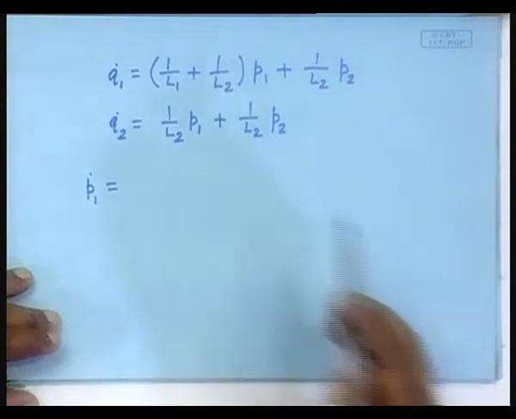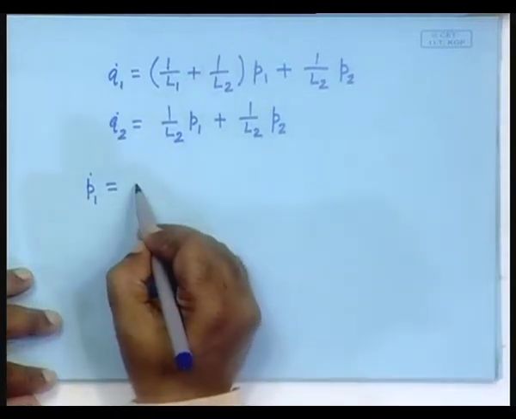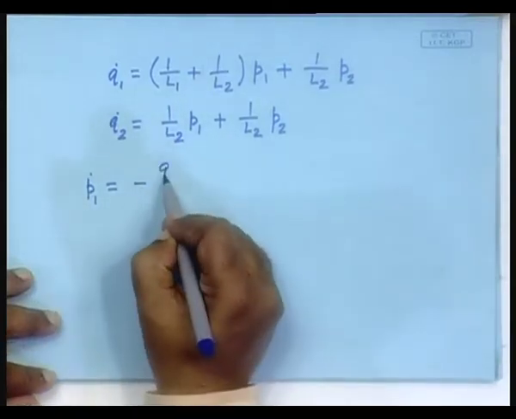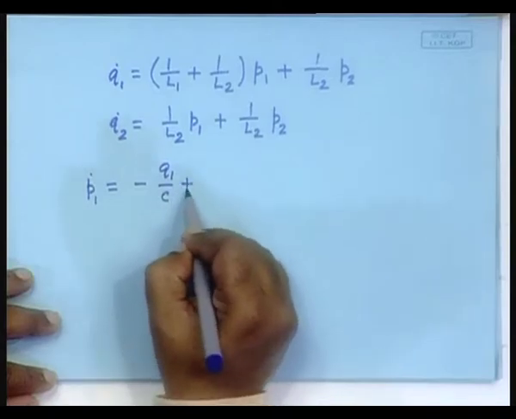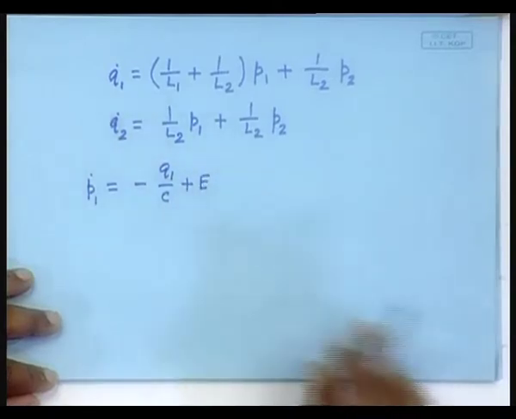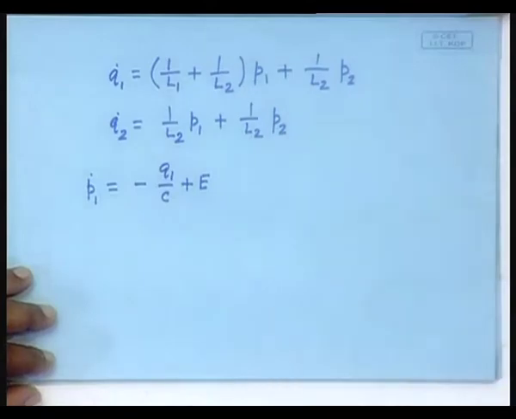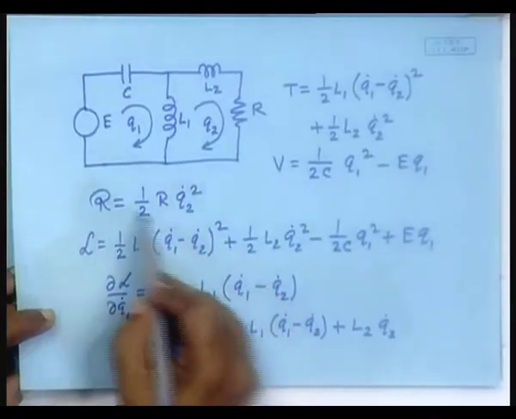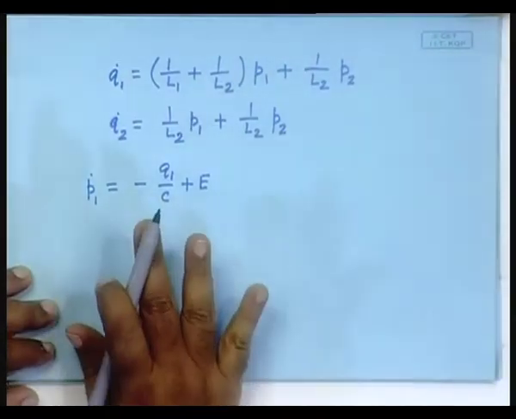So, it will be minus q 1 by C plus E. Now, we have to add the derivative with respect to q 1 dot, which is not there. So, this suffices.